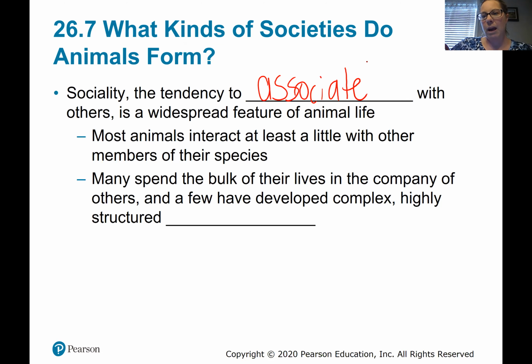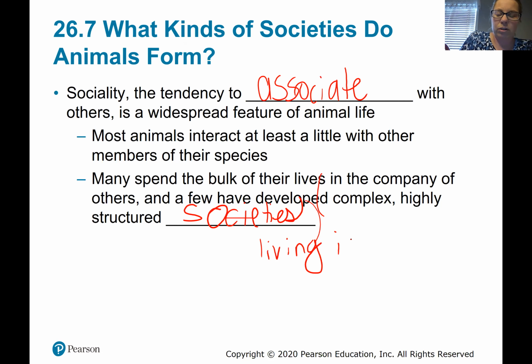Like I mentioned, the mountain lion tends to be a very solitary animal. So some are very solitary, others are living in structured societies. And that's basically a complex, highly structured living interaction among animals.